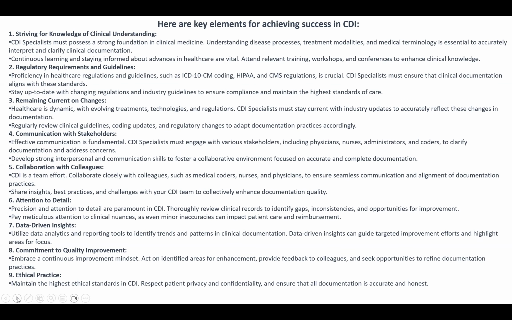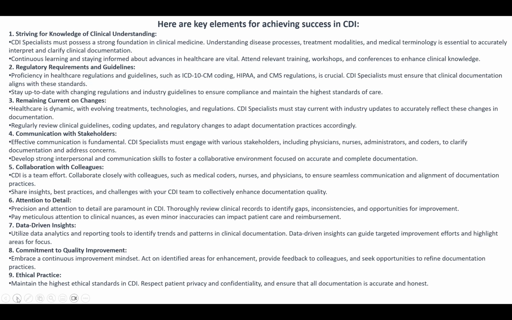And so, remaining current on changes, whether it's industry communications, whether it's the CMS news portal, what have you, okay? Remaining current on changes is essential.